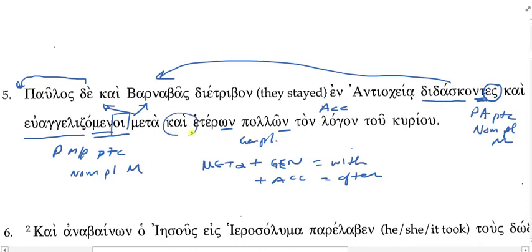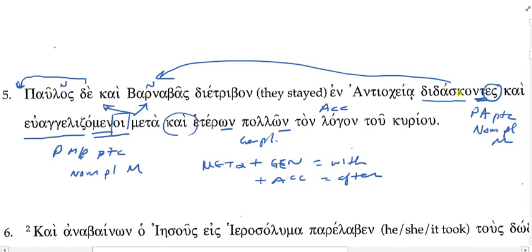And what do you think the kai is doing here? Over here at the beginning, the kai is joining Paulos, noun 1, and Barnabas, noun 2. They're two like things being conjoined together, A and B. All right, Jack and Jill, Paul and Barnabas. Is this kai joining two like things? No. Didaskontes kai euangelizomenoi. These are two participles being joined by the kai.